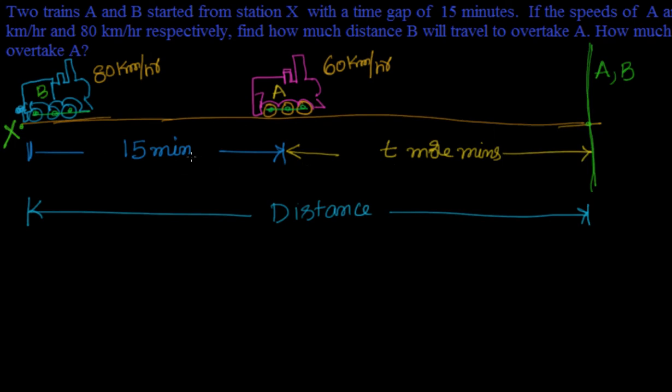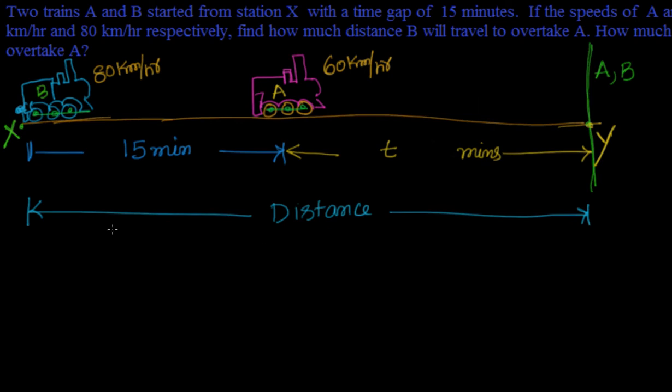That means A travels 15 minutes and also T more minutes to reach this particular point. Let us say this point is Y. Whereas B needs only T minutes to reach Y because A started before and has already traveled 15 minutes, then only B started. So B just needs T minutes to overtake A. So let us try to find out what is the value of T.